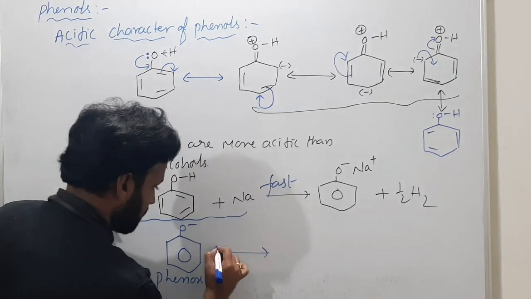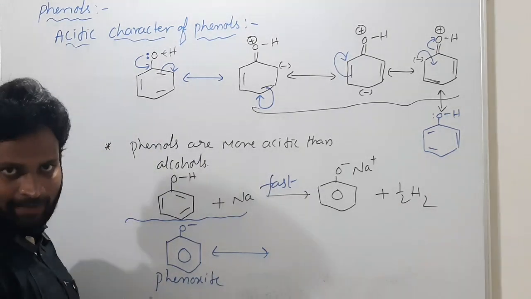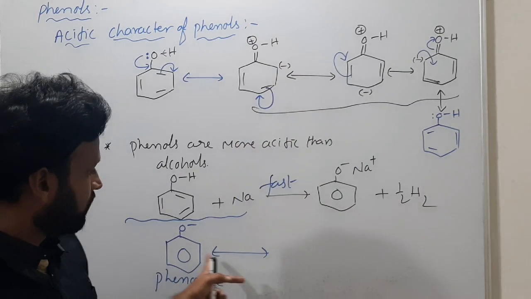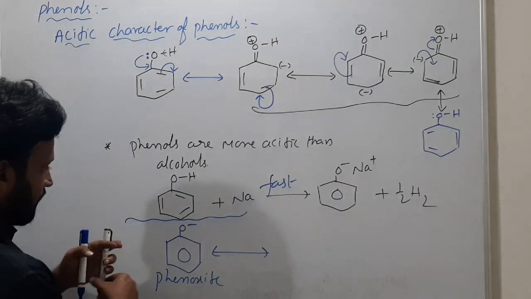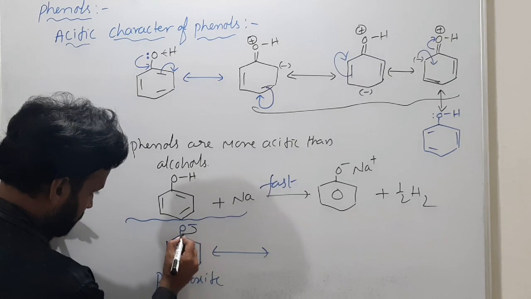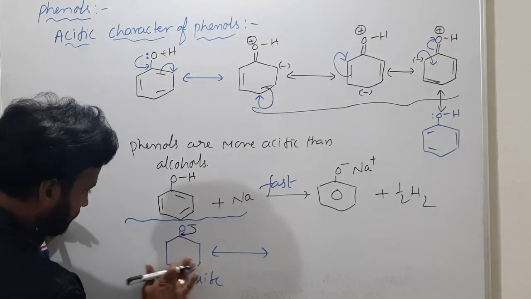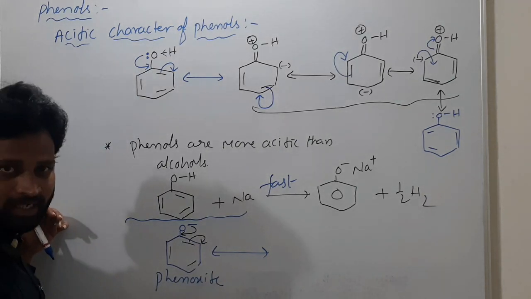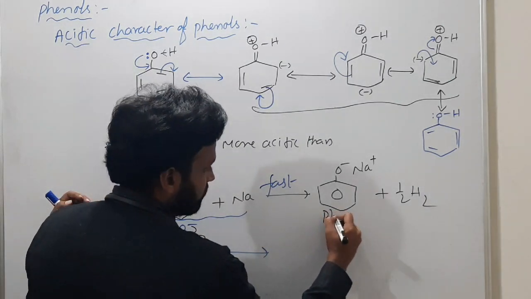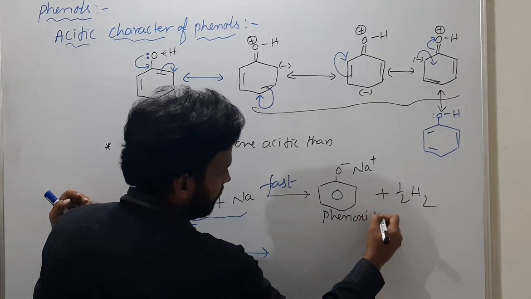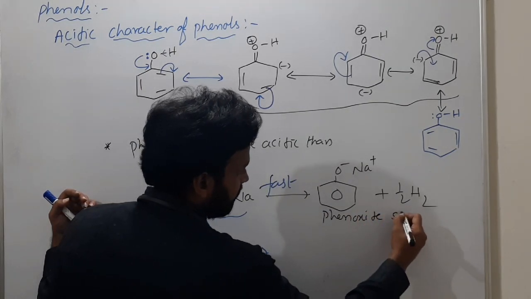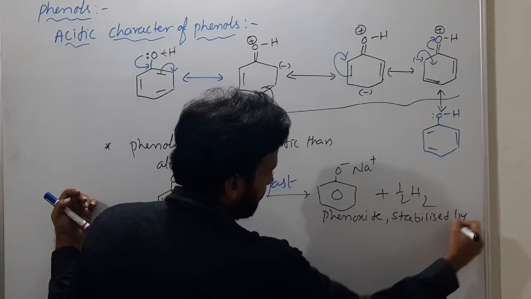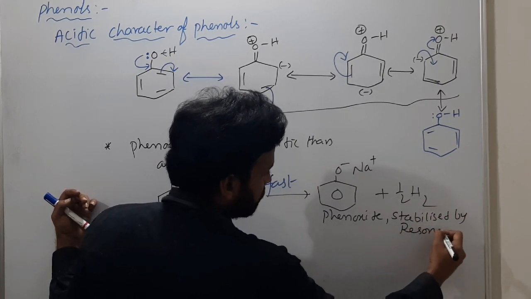This phenoxide can be stabilized by resonance. Same like this, by removing H, you write down the resonating structures. Now instead of the lone pair, the negative charge will migrate, so these five electrons will migrate. This phenoxide is stabilized by what process?